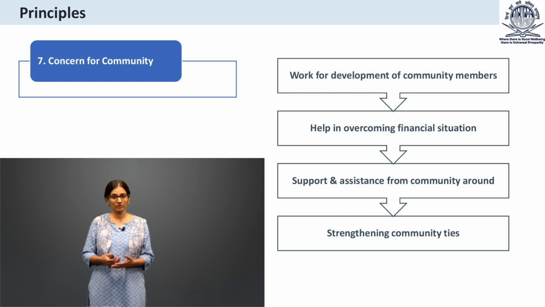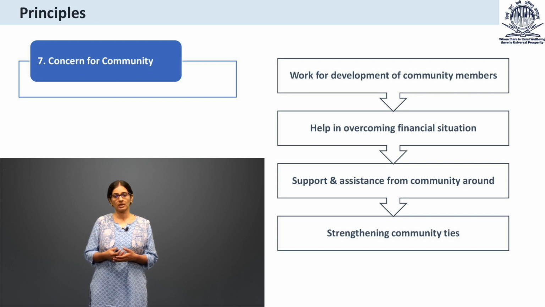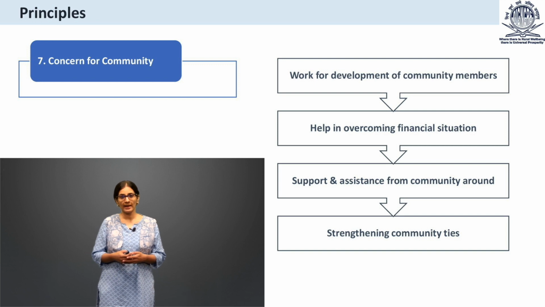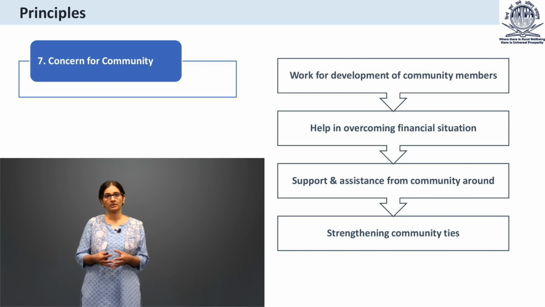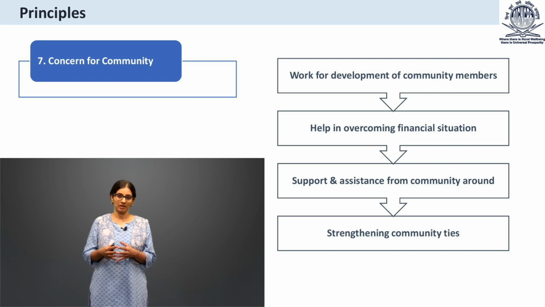Principle number 7, concern for community. Cooperatives work for the development of their communities through the policies and decisions that are approved by their members. The main aim of cooperative societies is to help people overcome financial situations and gather support and assistance from communities around.